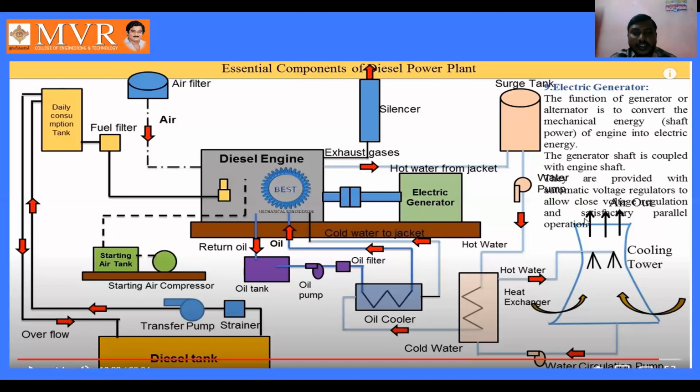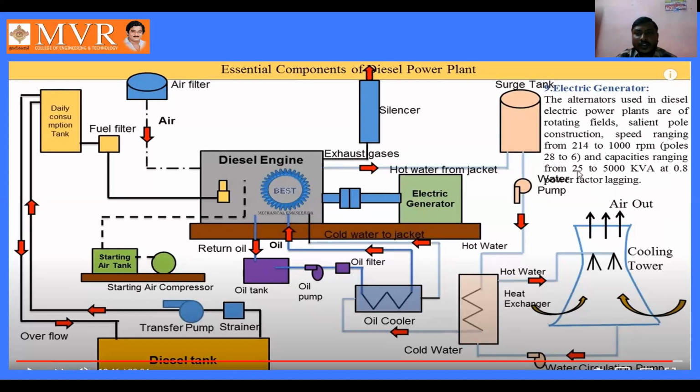As we are using diesel in this power plant, we name it a diesel power plant. This is about the electrical generator and how it converts mechanical energy into electrical energy.